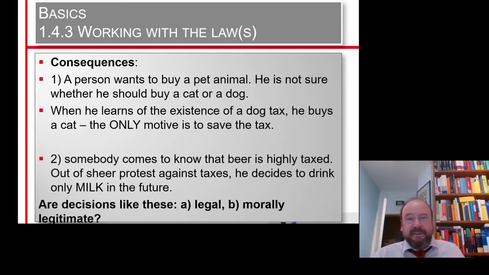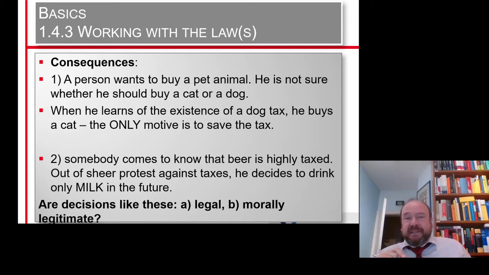You substitute milk for beer, but it's really clear that the word beer does not cover milk and people who drink milk, so you avoided that tax. So that's entirely legal. The rules decide about your taxation, and the rules are clear. You did not fulfill the if clause. If somebody drinks beer, then.